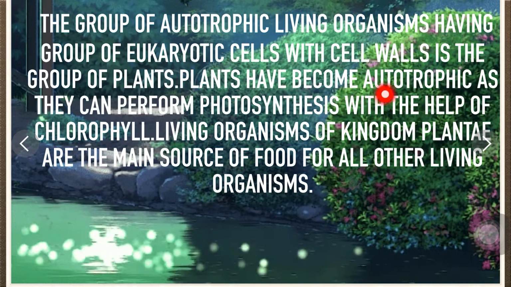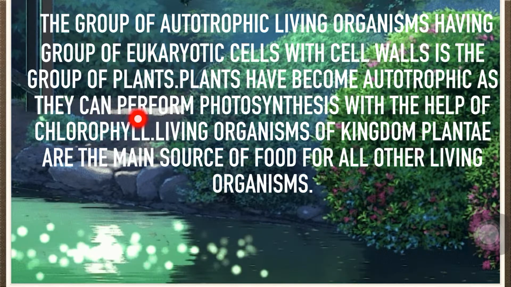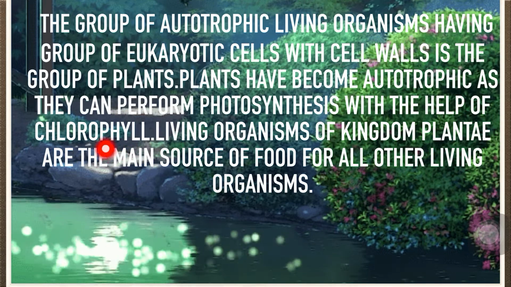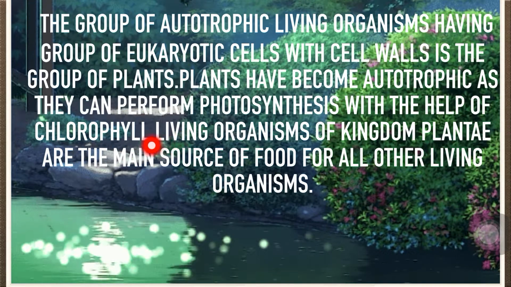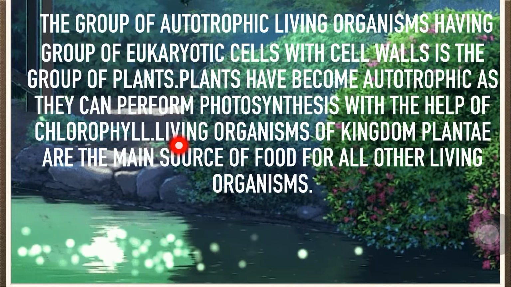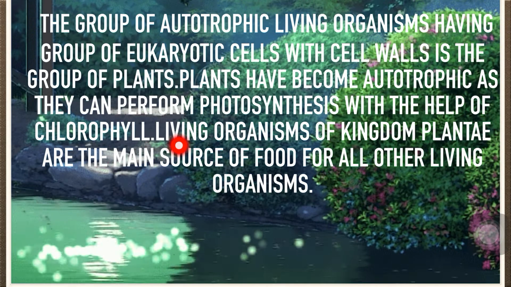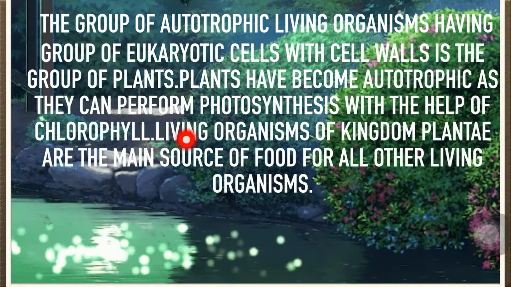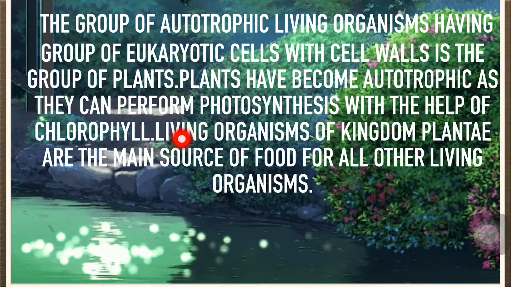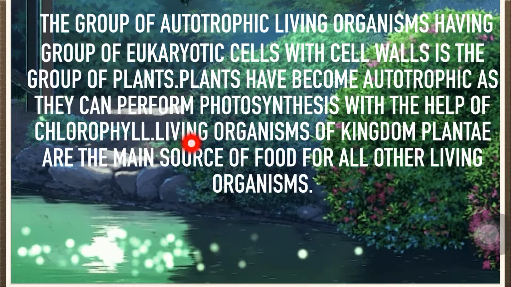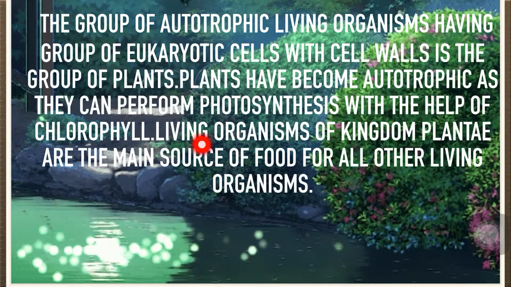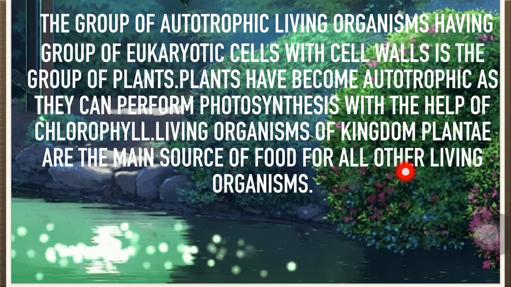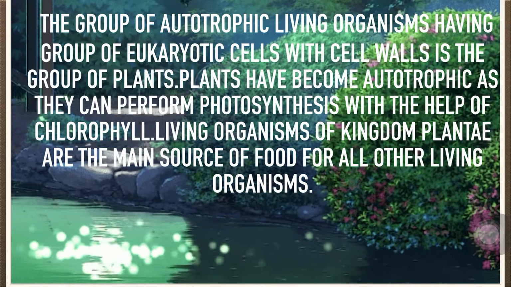Plants have become autotrophic as they can perform photosynthesis with the help of chlorophyll. As you all know, photosynthesis is the process of preparing food. So the plants which prepare their own food, which are independent, are called autotrophic, and they are included in this kingdom Plantae. Living organisms of kingdom Plantae are the main source of food for all other living organisms.